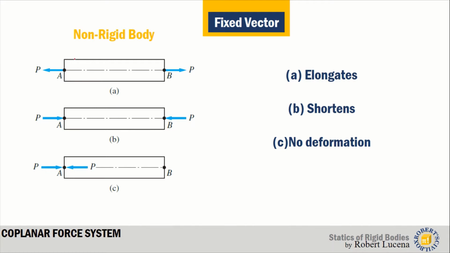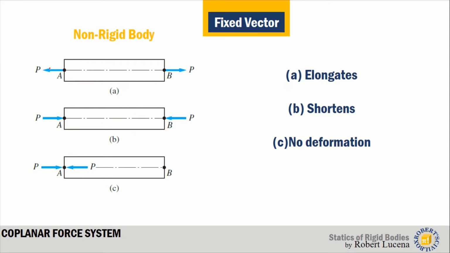and you apply another force P here at member A, which is directed to the right, as you can see, this body, if it is a non-rigid object, will tend to elongate. But if the directions of the forces are reversed, since the direction of P at A, originally directed to the left, is now directed to the right, and the force P here, directed to the right, is switched and is now directed to the left, this now causes compression to this object.